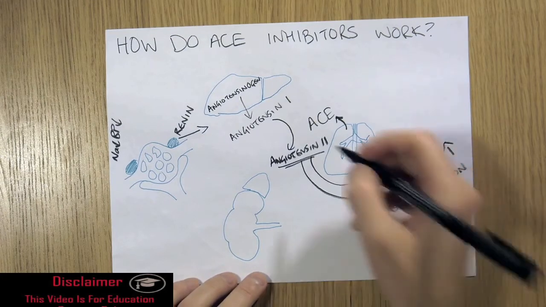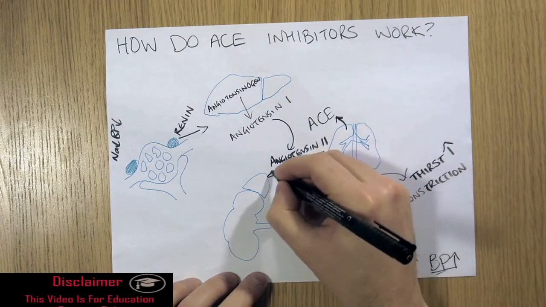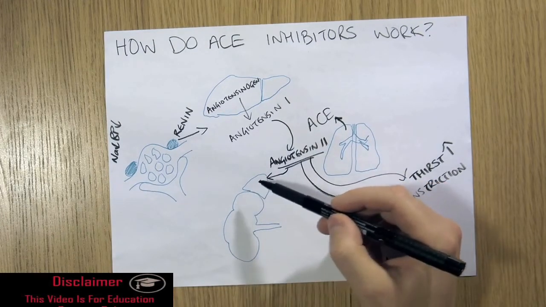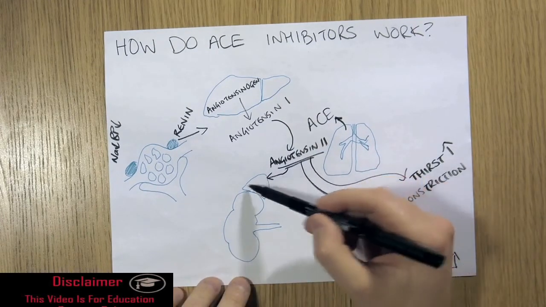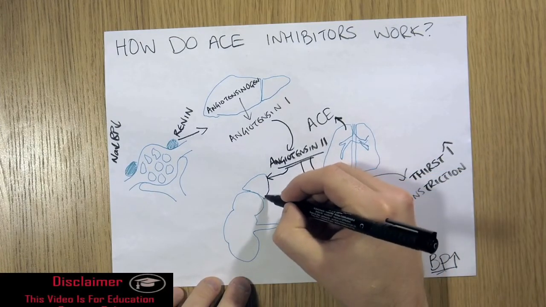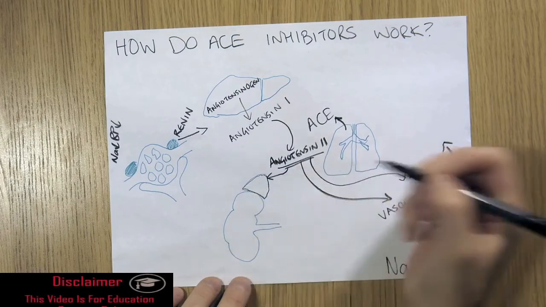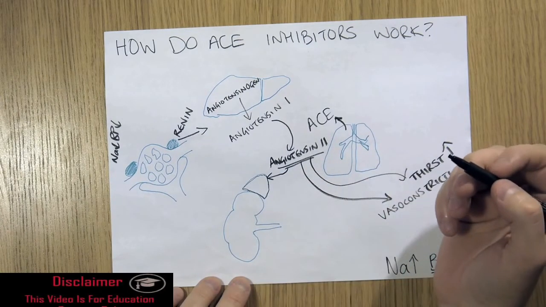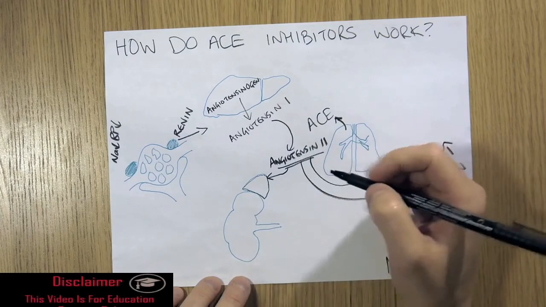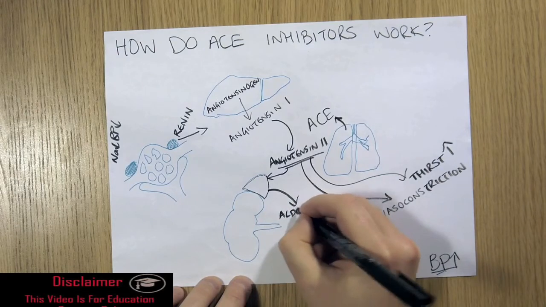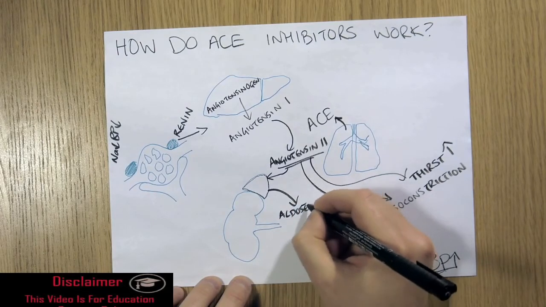Now the third thing it does is it acts on the adrenal gland. This is my little drawing of a kidney, and it's wearing a hat, and the hat is essentially the adrenal cortex. And on the outer layer of the adrenal cortex, which is called the glomerulosa, just to complicate things, is produced something called aldosterone.